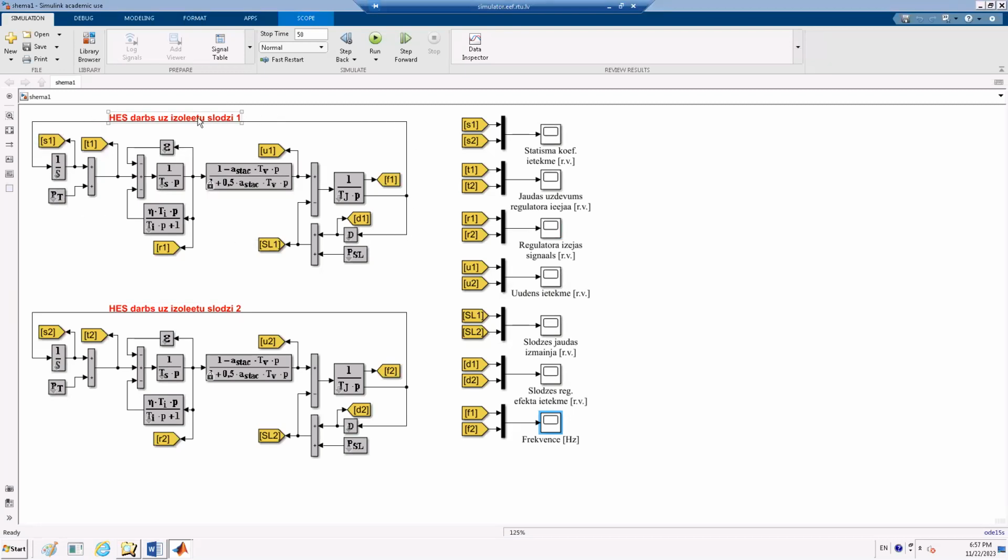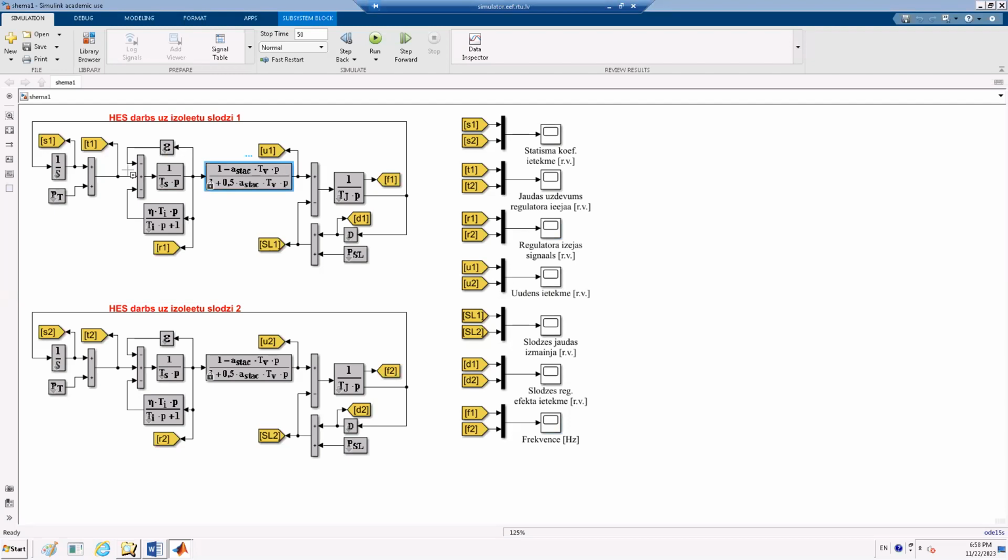This power system is represented only by hydropower generators. This block represents a turbine. This block represents the valve that controls the amount of water to the turbine.